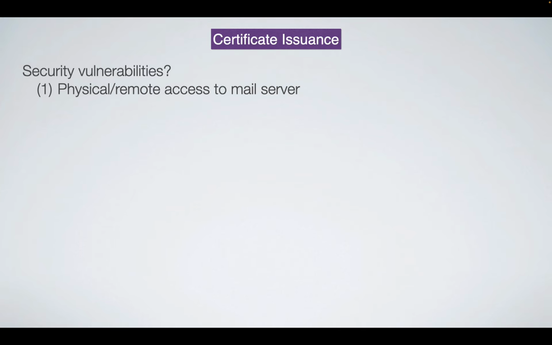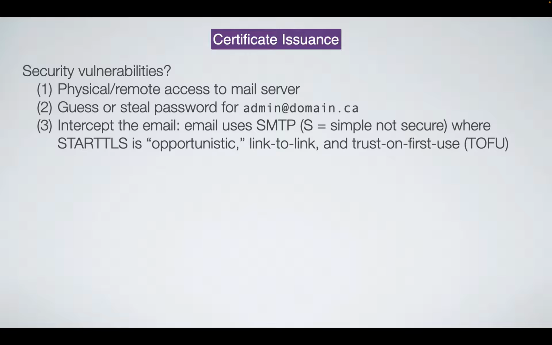Okay, so let's go through these one by one. So I could try and get remote or physical access to the mail server. Then I get a copy of the email, and then I can read it. I can guess or steal the password for admin.domain.ca. I can intercept the email because email uses SMTP, that's Simple Message Transfer Protocol.